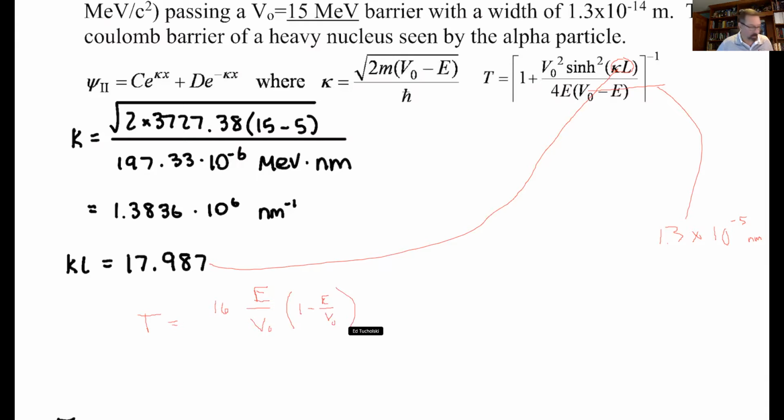And I'm eliminating that hyperbolic sine in favor of e to the minus 2 kappa L, where you've got kappa L. I think it's a little bit easier to do this. You can always go back to the original equation, but we just showed that's equivalent as long as kappa L is big. How big is big? Greater than 10 at least is what most people would use.